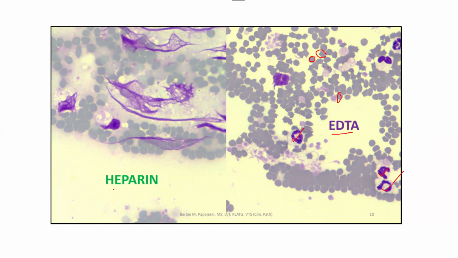But when the same blood sample is stained with heparin, you are unable to see any of the WBCs. You can see how dusty the stained RBCs are, and you are seeing these clumps of strands. So heparin is a bad idea for CBC.